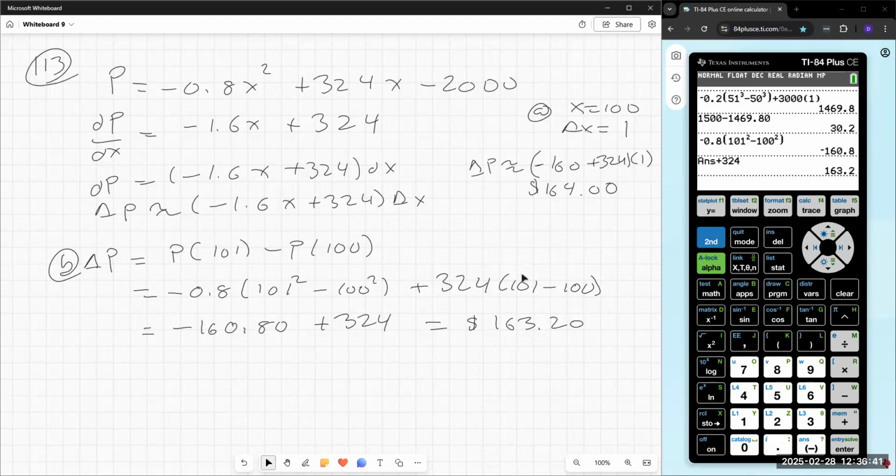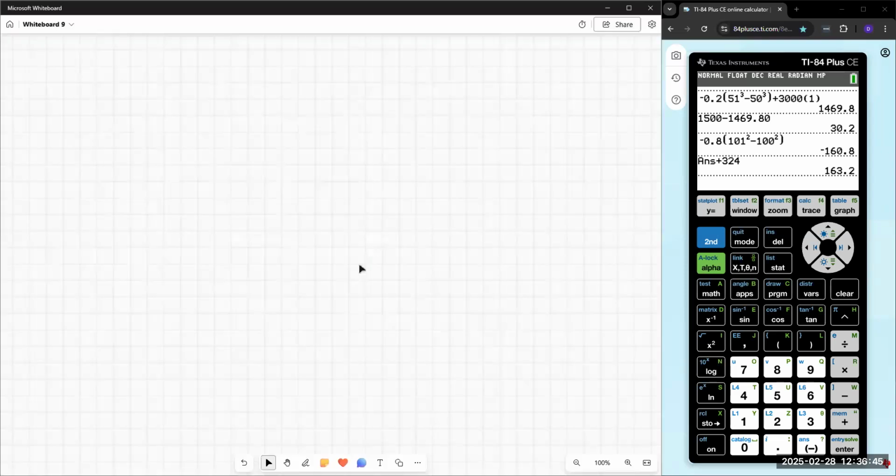And let's look at 114 as well. We have a demand function given by little p is equal to 108 minus 0.2x.